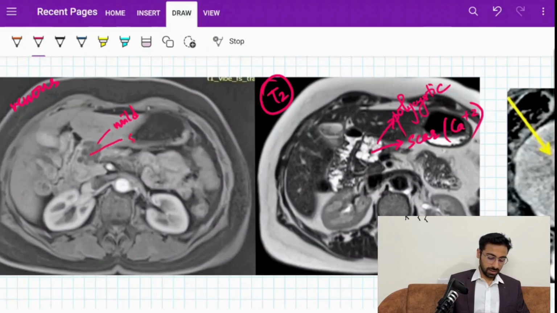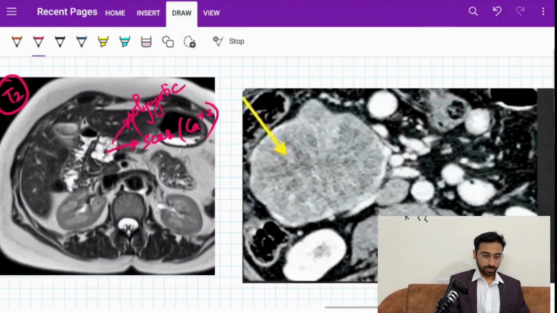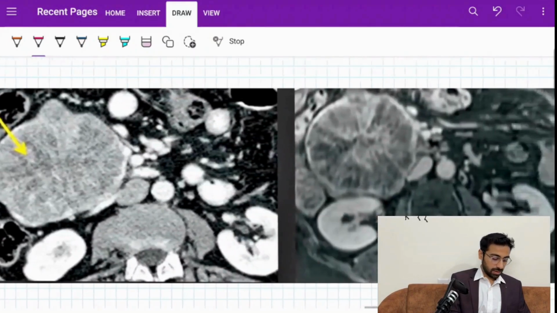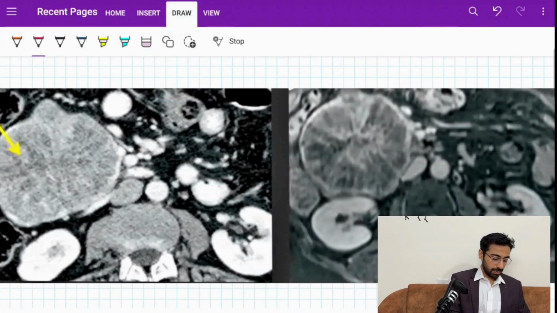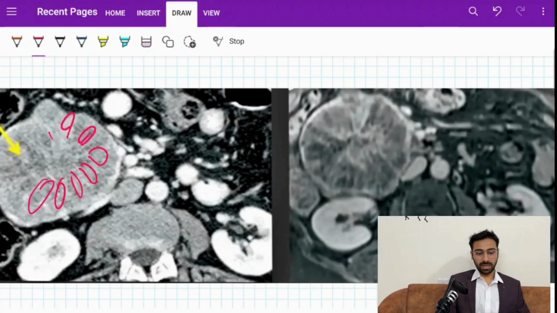Next, this is another case which we encountered where we can see a well-defined polycystic variant of serous cystic neoplasm. As you can see, all my examples classically involve the head of the pancreas that is usually seen in these type of neoplasms. We can see here clearly on the venous phase that the septae are showing enhancement.